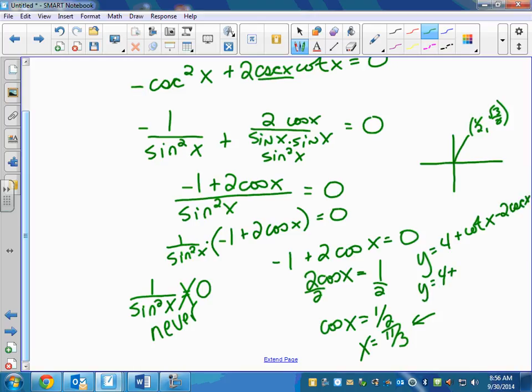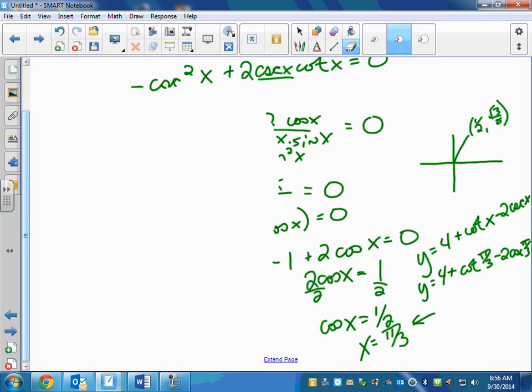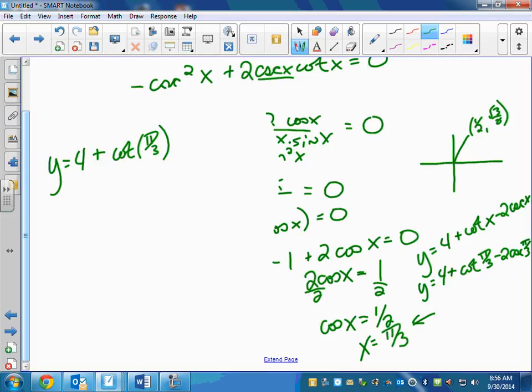I'm just going to plug pi thirds in there. Oh my gosh, I'm so out of room here. I don't even know what I'm going to do. Erase over here. y equals 4 plus cotangent of pi thirds minus 2 cosecant of pi thirds.